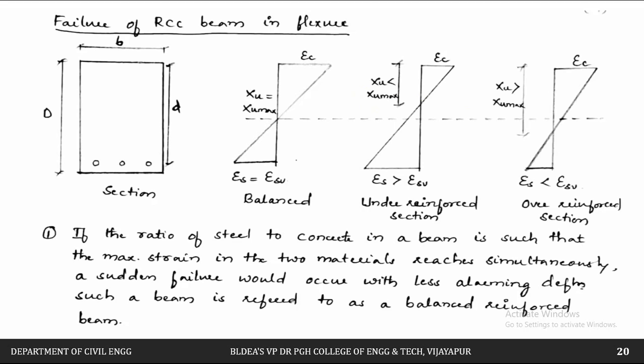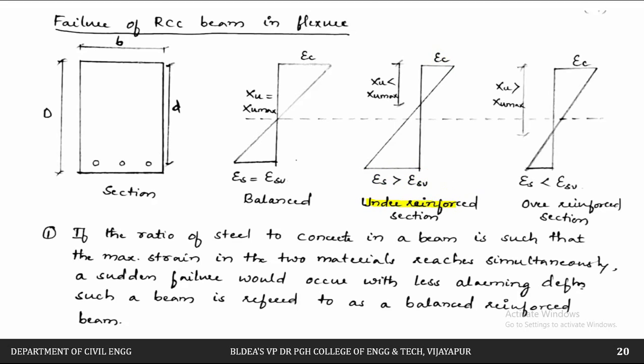So if you see this strain profile, if the load is further increased, the strain in the concrete will be less, and the strain in the steel will be more. As the load is further increased, proportionately the strain in the steel will be more.